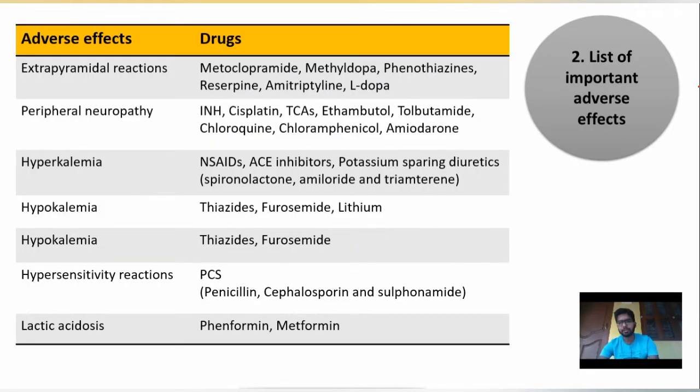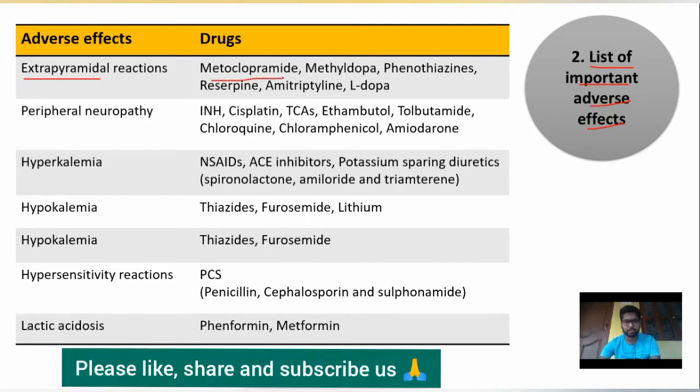Then coming to the second list, the list of important adverse effects. It is also very important. The first adverse effect is extrapyramidal reaction, shown by metoclopramide, phenothiazines, L-dopa, methyldopa, reserpine, all these drugs.